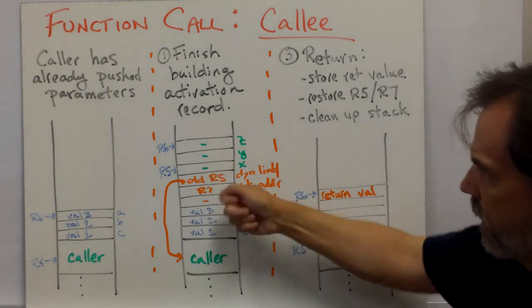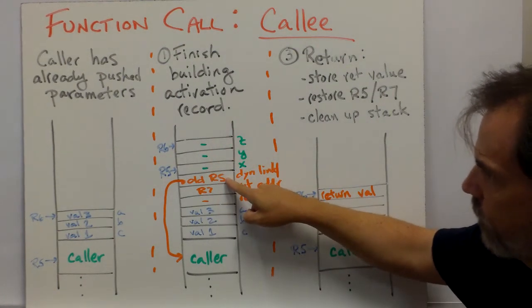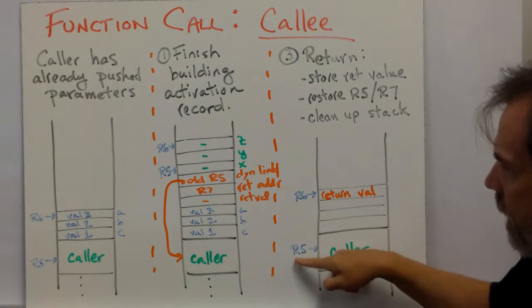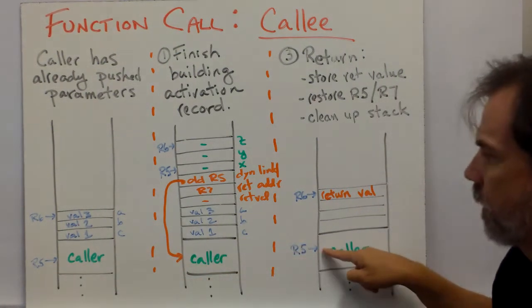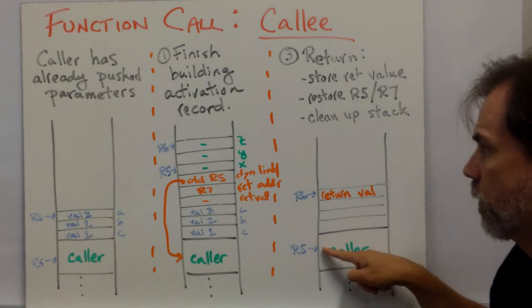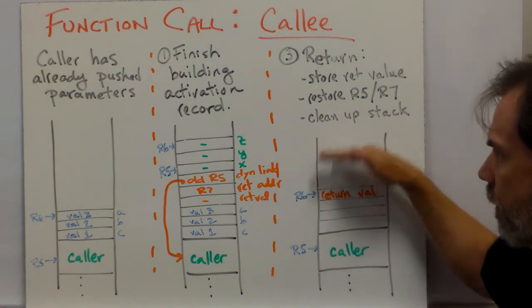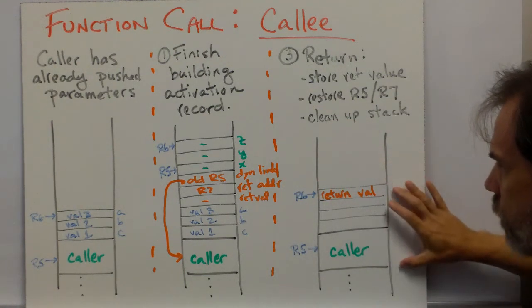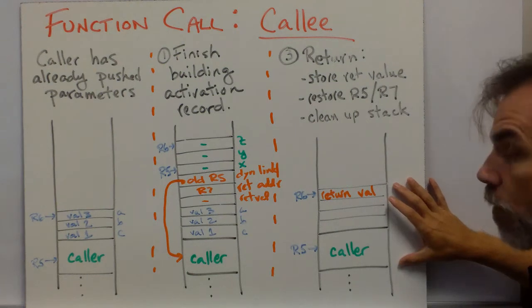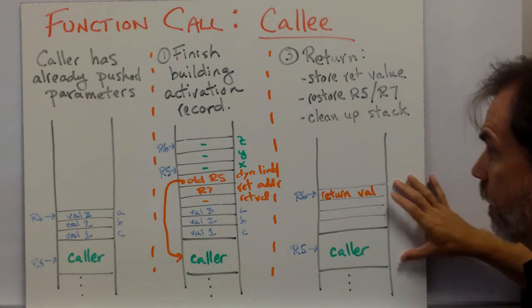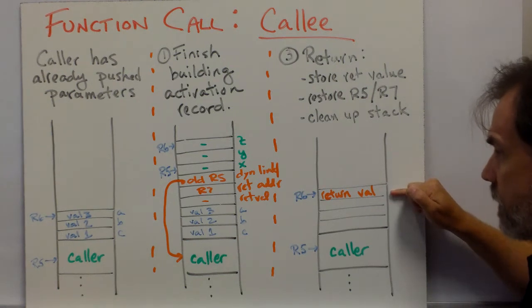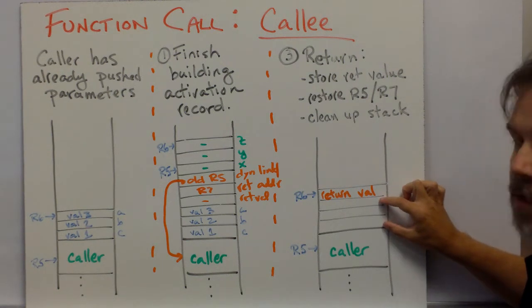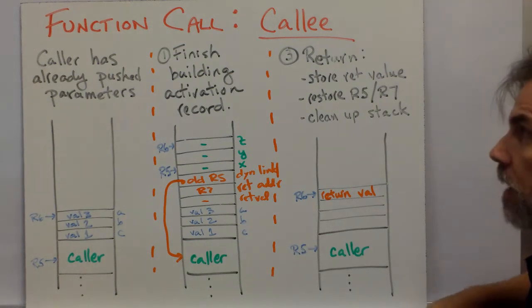As we pull these things off the stack, we take this and we put it into R5 so that R5 now points to the caller's local variables, which is where it was originally, and we clean up all this other stuff so that when we return control from us to the caller, this is what the stack looks like. Return value on top of the stack, the parameters are still on the stack. This is the way that the caller expects the stack to look when we're done.